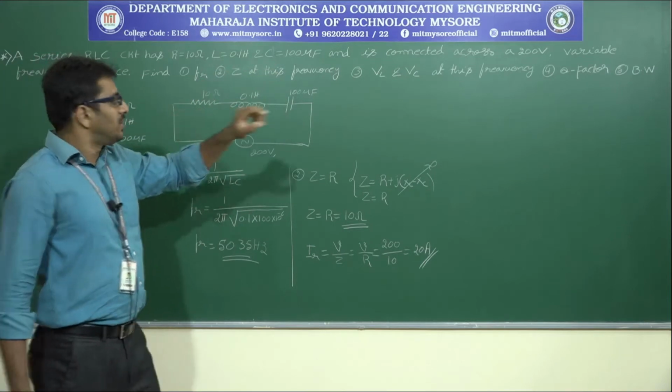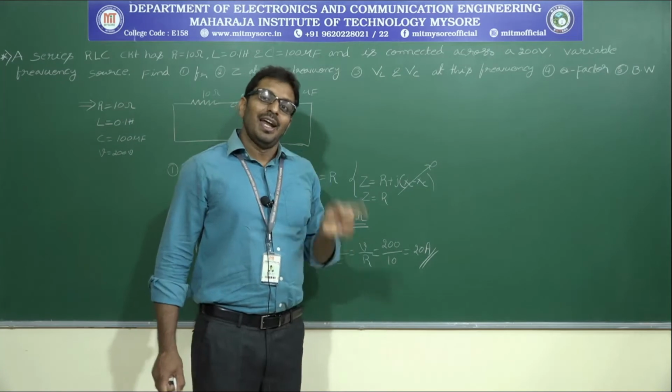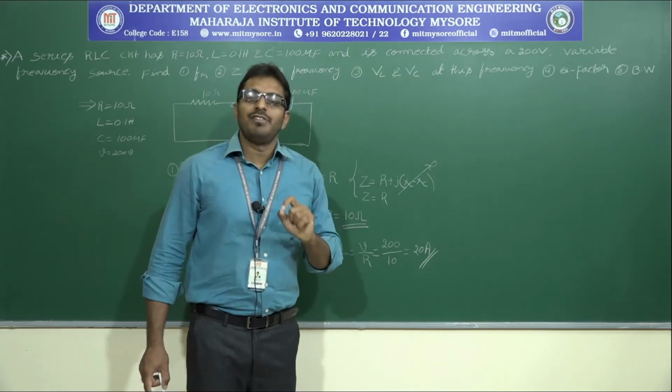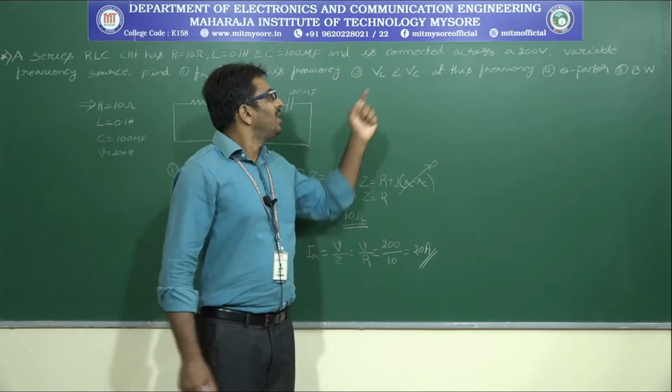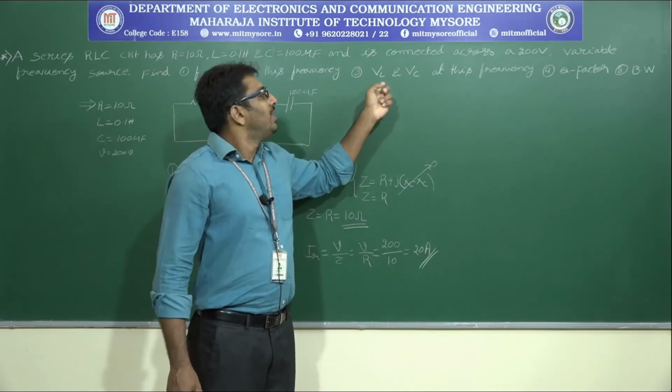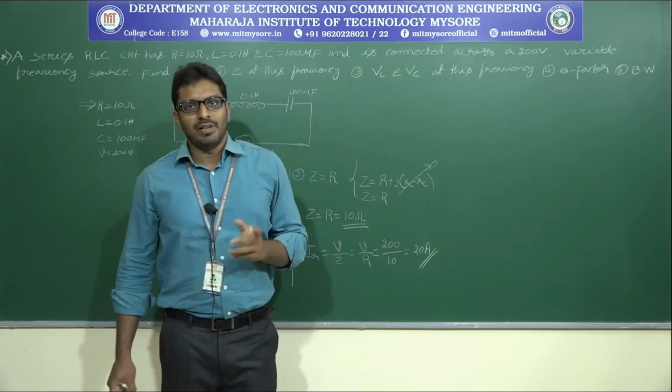What is the third part of the question? Find VL and VC at this frequency, that is, at resonance frequency. We already discussed that at resonance frequency the inductive reactance is exactly equal to the capacitive reactance.